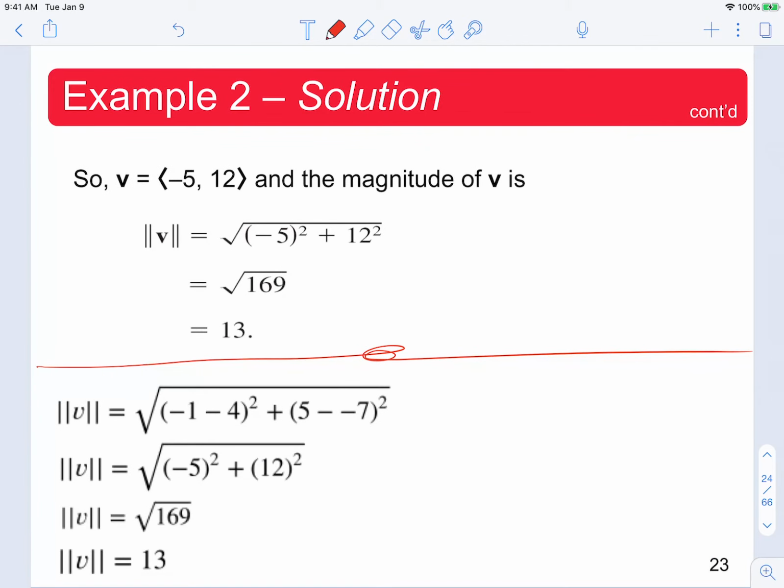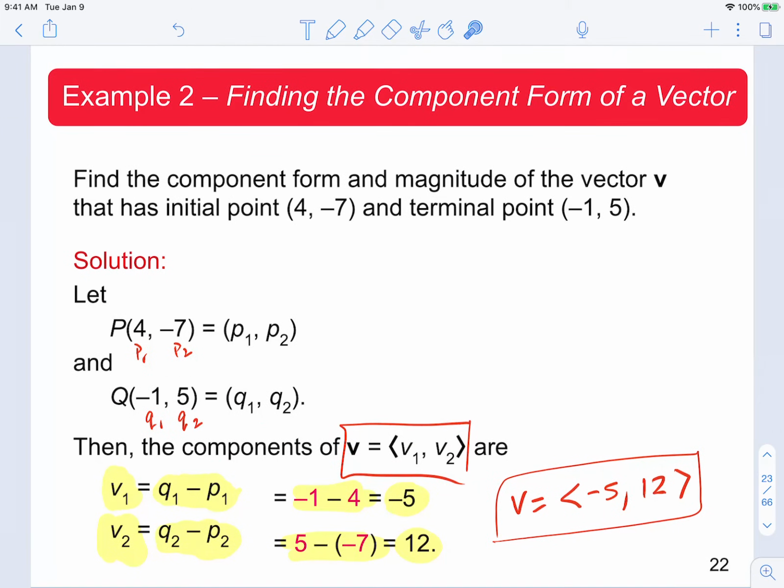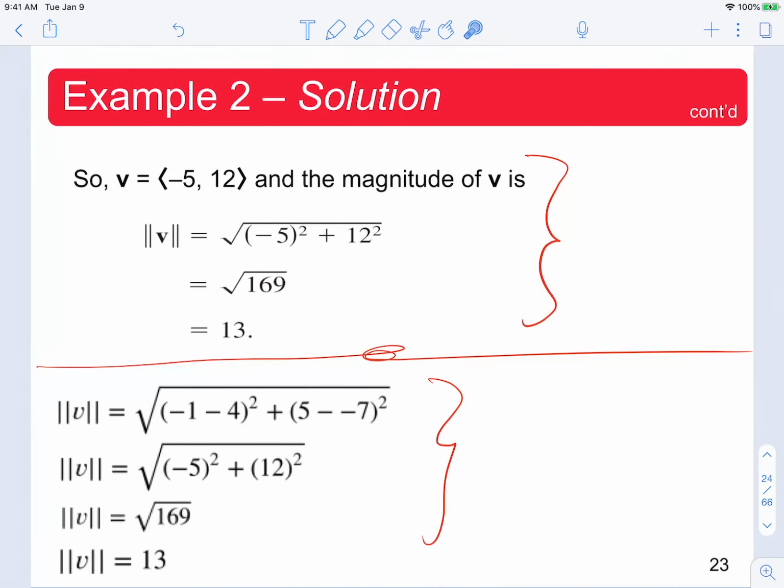Now, the other thing they asked us to find was the magnitude. Remember that the magnitude is written two ways here. Let's focus on this top one, and then I'll show you the more detailed one on the bottom. So the magnitude is going to take these values, V1 and V2, and we're going to put those into that distance formula.